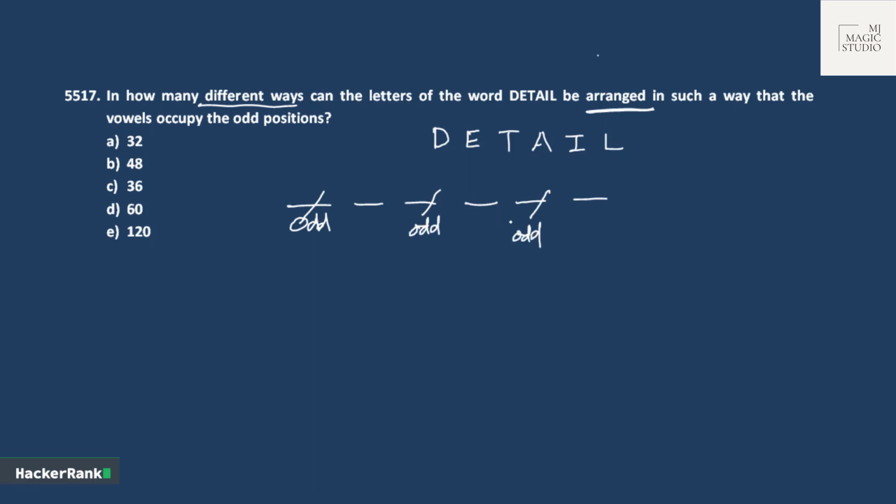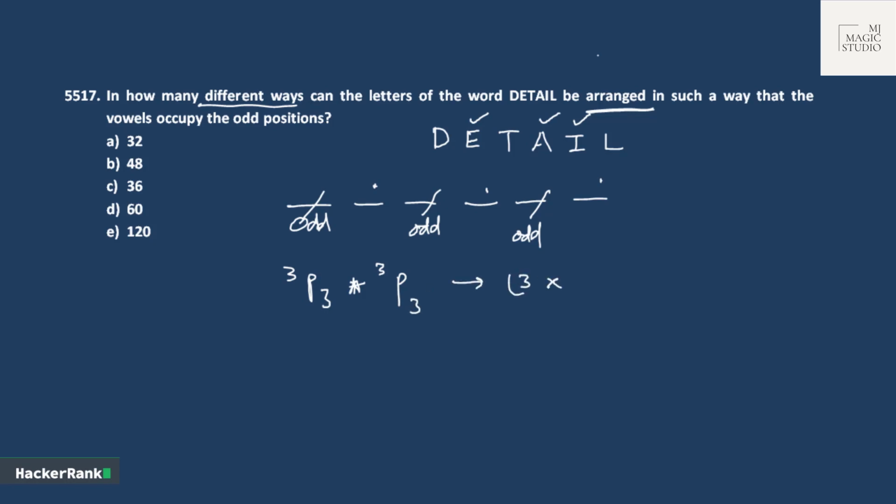We need to put vowels on the odd positions first. That should be prioritized. Now how many vowels do we have? 1, 2, 3. 3 vowels need to be placed at 3 odd positions in 3P3 ways, and the remaining 3 consonants would be placed at the remaining 3 positions in 3P3 ways again.